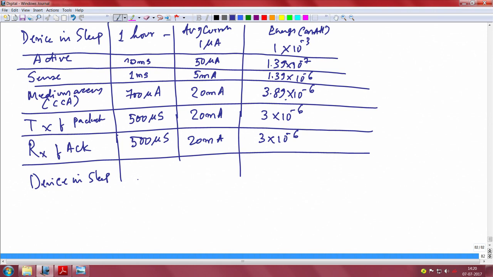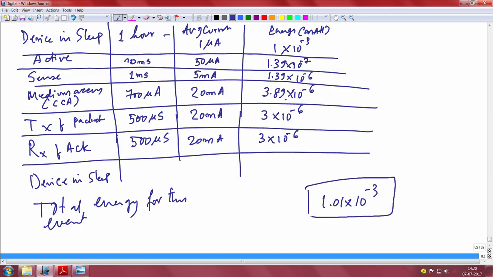All of this, of course it goes back to sleep, and so therefore now you need the total energy for this one event that you found, in ampere hour, milliampere hour, okay.